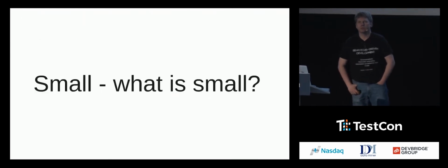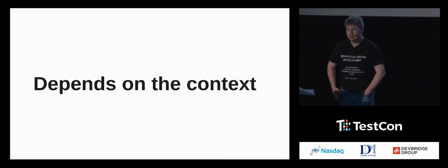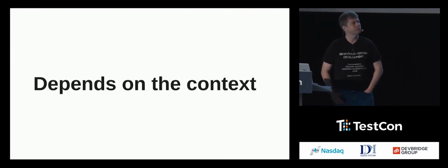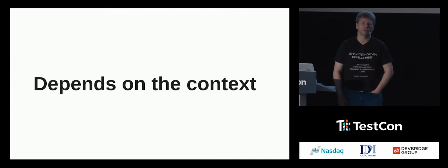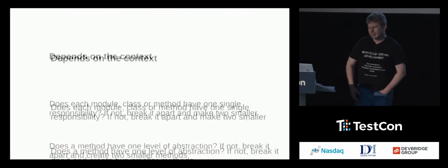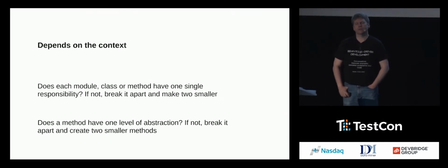And the last rule, small. What is it? Well, again, it depends on the context. Sometimes small could be, I don't know, like the method we saw earlier, 2 lines of code, 4 lines in total. One thing that you can think of is, do you have a single responsibility or not?